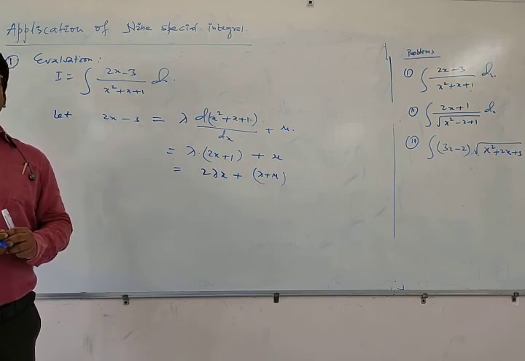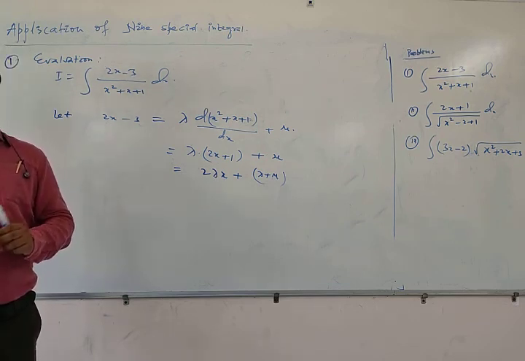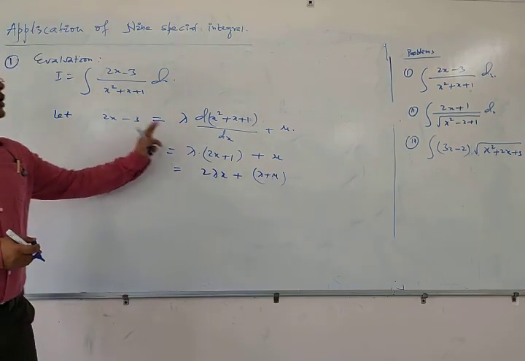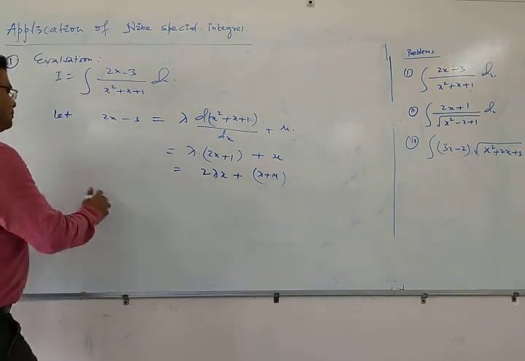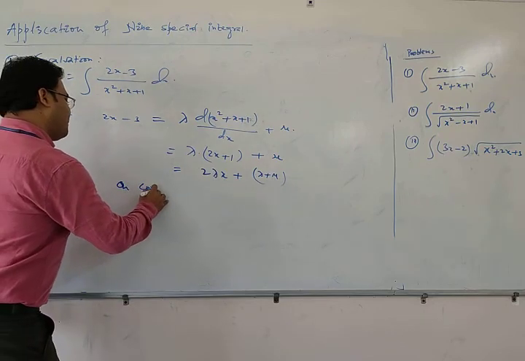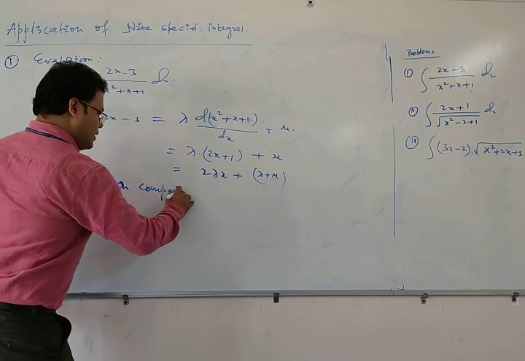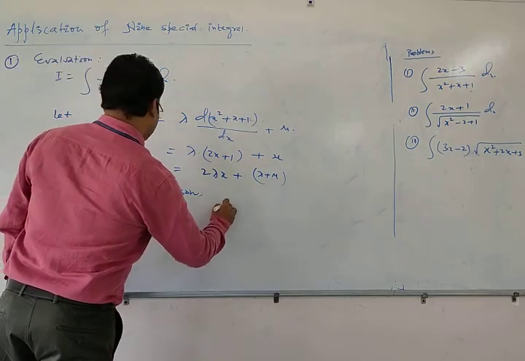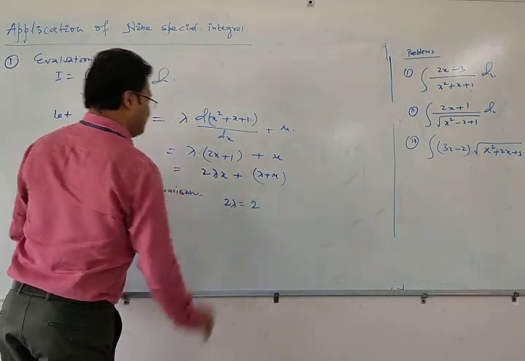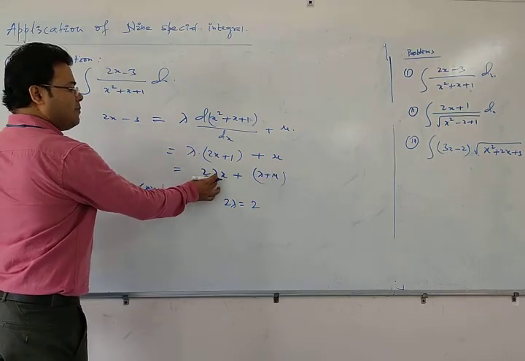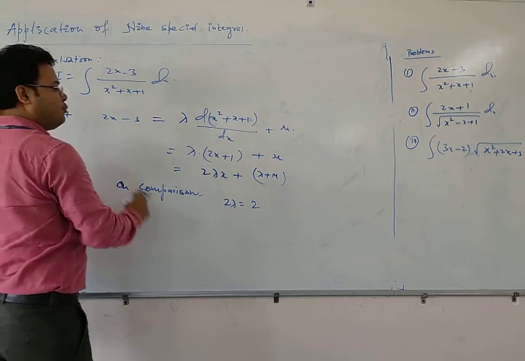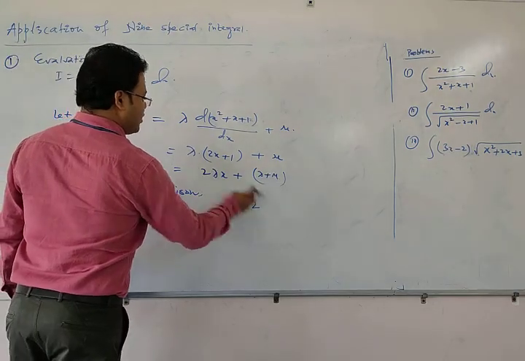Compare means we have to compare the coefficient of the variable as well as the constant term. So here on comparison we will get 2 lambda is equal to 2. The coefficient of x is 2 lambda, and in the left hand side the coefficient of x is 2. So we have to write 2 lambda is equal to 2.